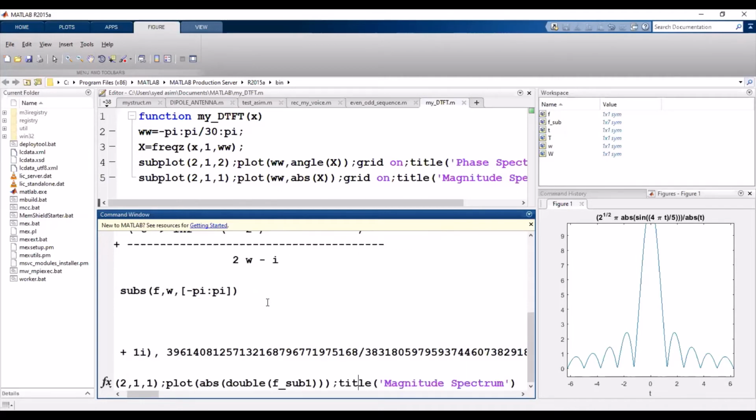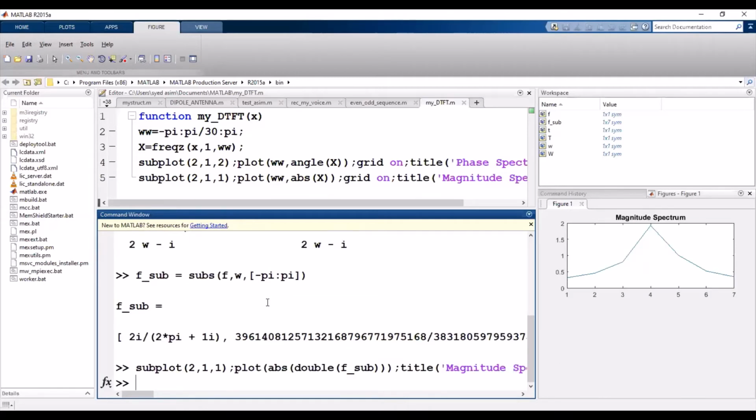Magnitude: subplot 2,1,1, plot abs means I'm going to plot the magnitude spectrum, and that is basically our graph.